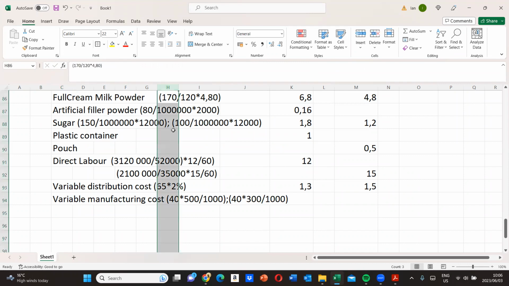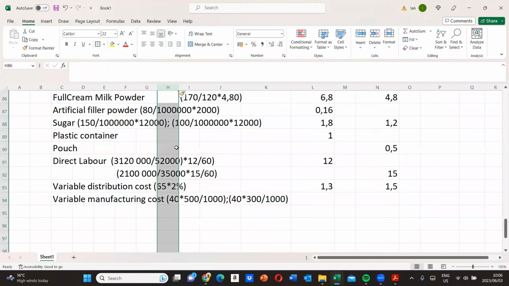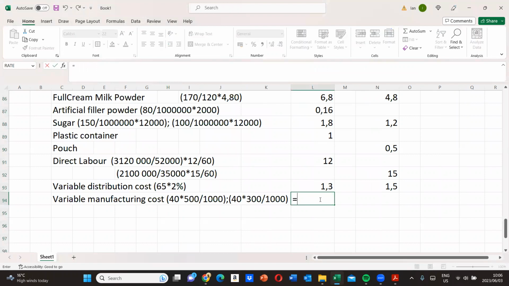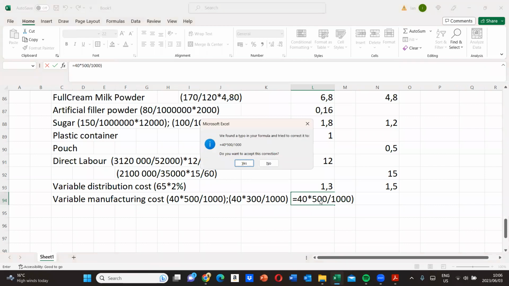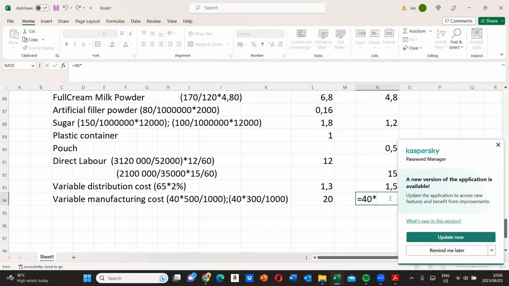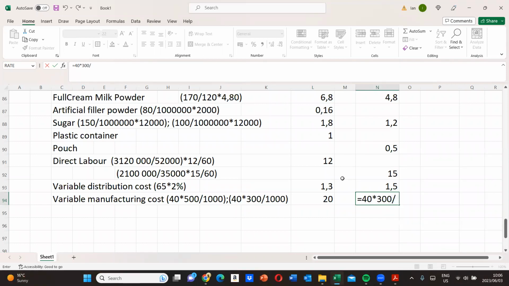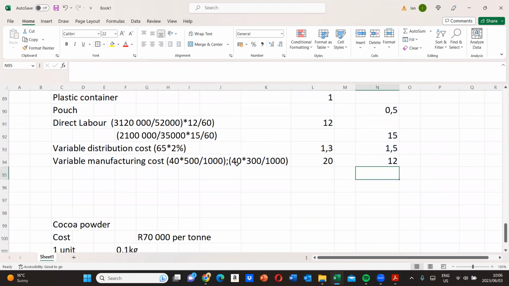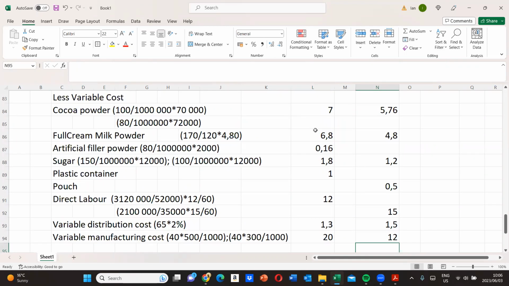So it then gives us our calc there. Right, so 40 times 500 divided by 1,000. And then the other one is 40 times 300 divided by 1,000. So this is what will give us our totals.